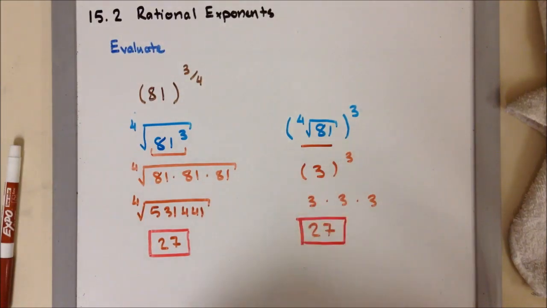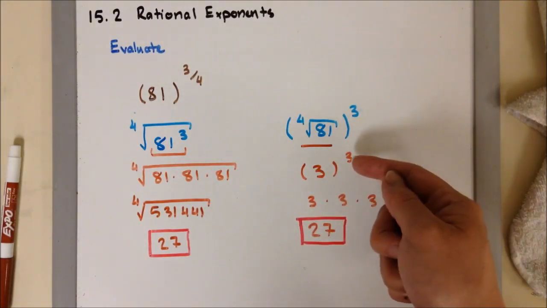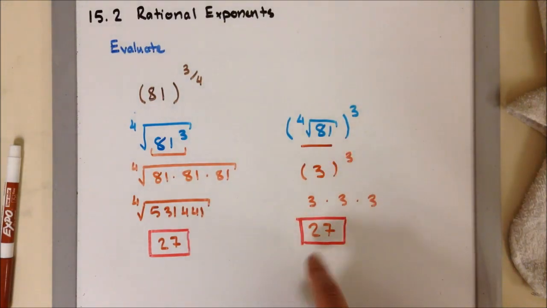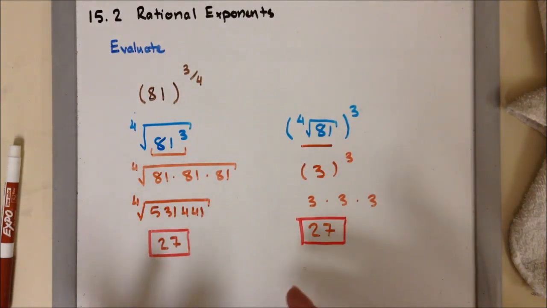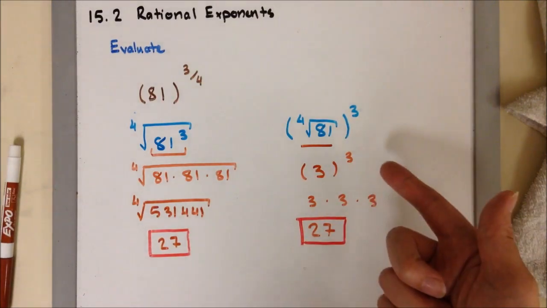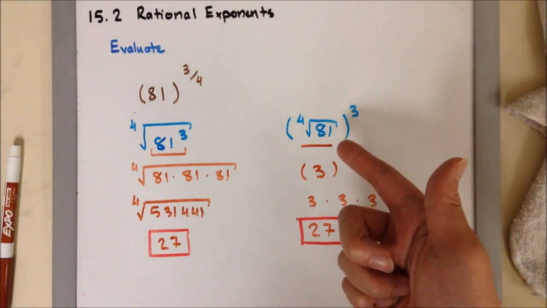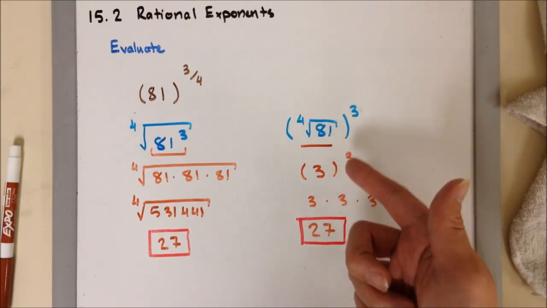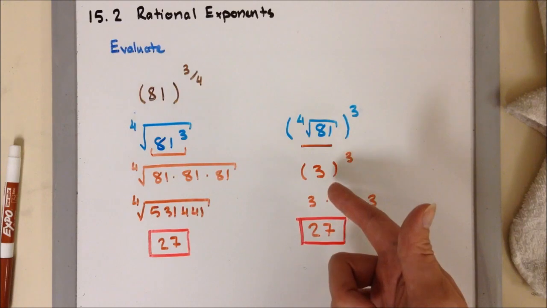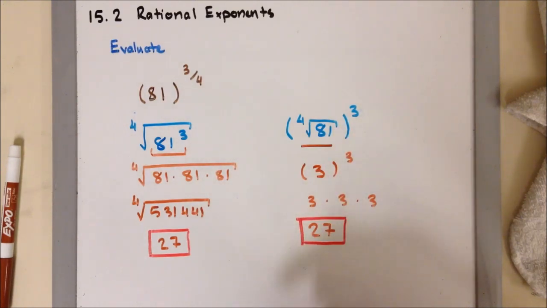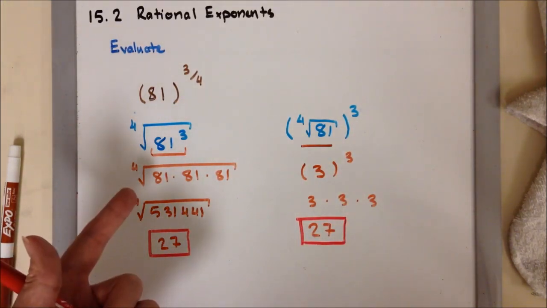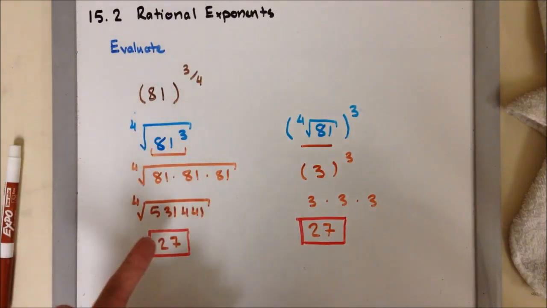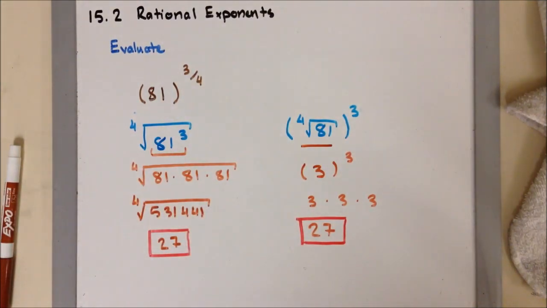Now we're using a smaller number and raising it to the exponent that's outside of parentheses, which we got 27. So we got the same answer, it's just that it's a bit easier when you do the root first and then raise it to an exponent that's outside of parentheses. Because again, when you did the root, you get a smaller number. It's easy to work with smaller numbers. Whereas when you have a big number, you're raising it to an even larger number, now you're trying to find the root of a huge number, which is very hard to do, and it's going to involve a lot of work.